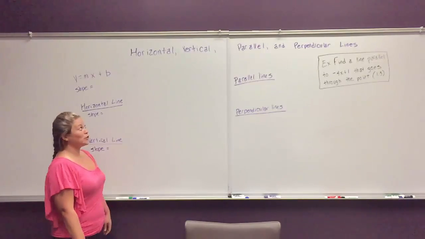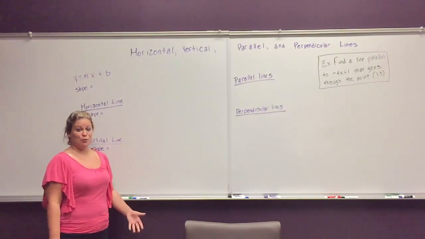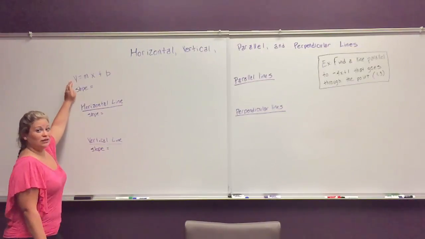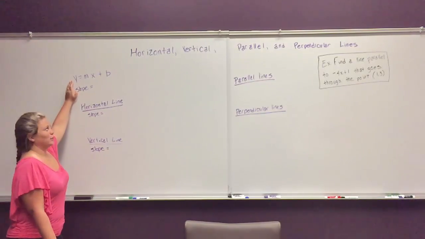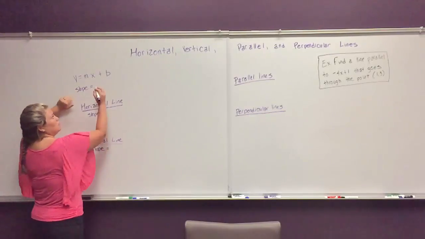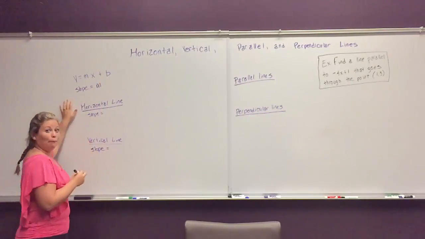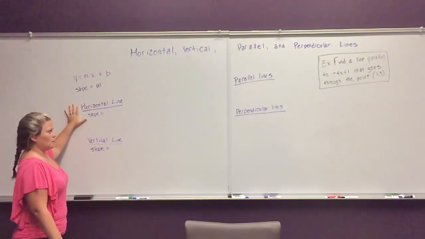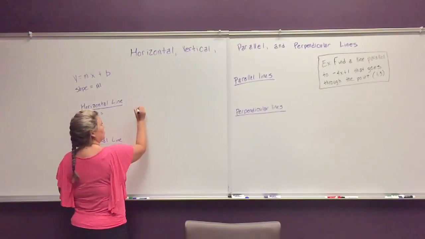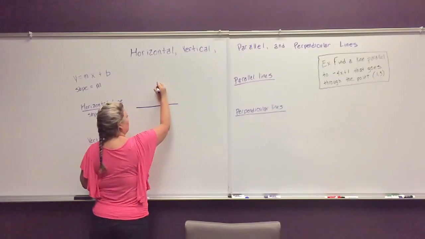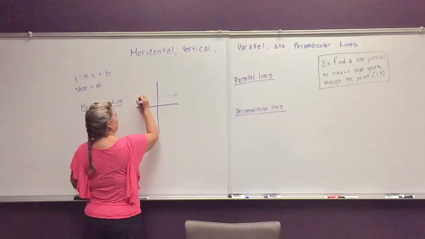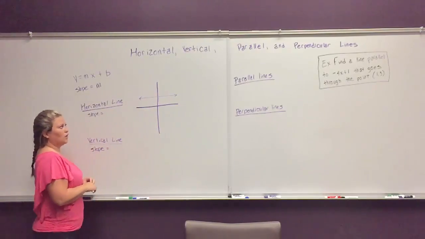Today, we're going to learn about horizontal, vertical, parallel, and perpendicular lines. So you remember that the equation of a line looks like y equals mx plus b, where your slope is equal to m. If you have a horizontal line, let's think about what the slope would be. Let's look at a picture. Let's suppose that we have a horizontal line.